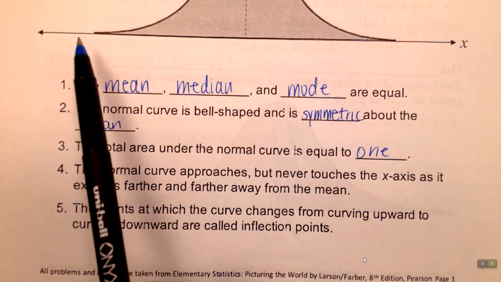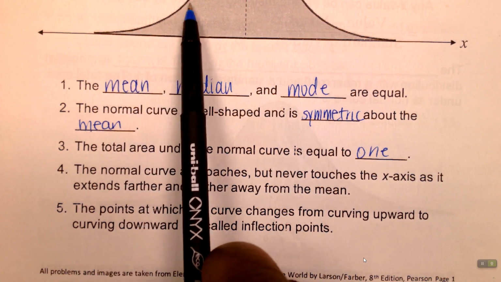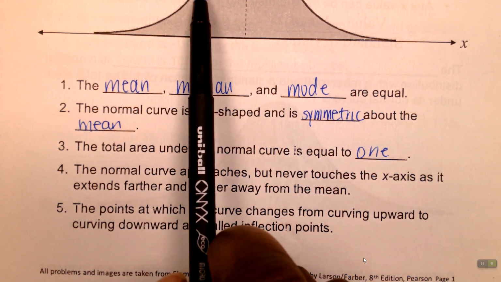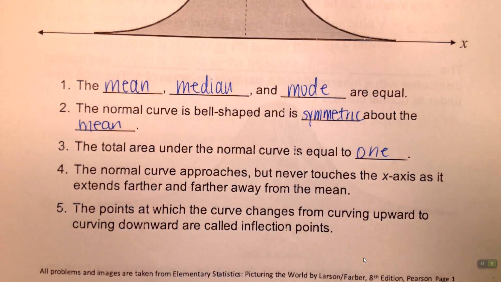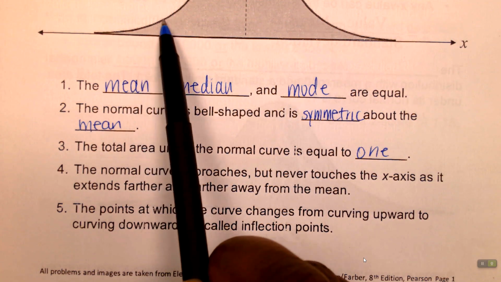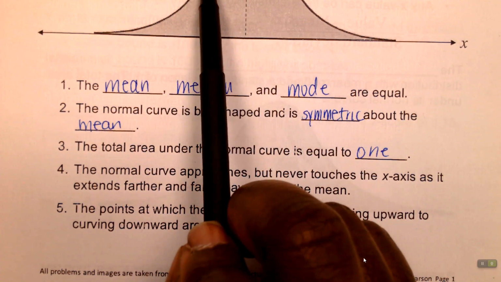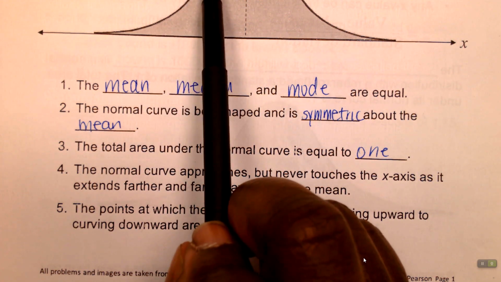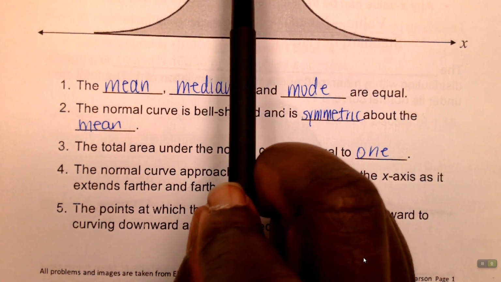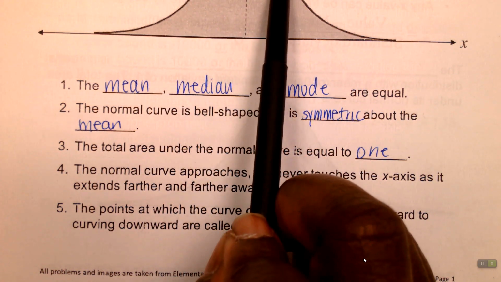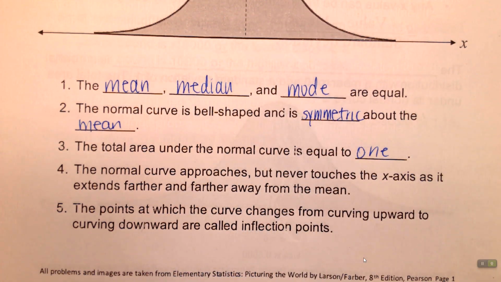So like this is our down part of our curve, and then this actually starts going up at this point. So it's right about here, starts being upward, and our lower part comes down.